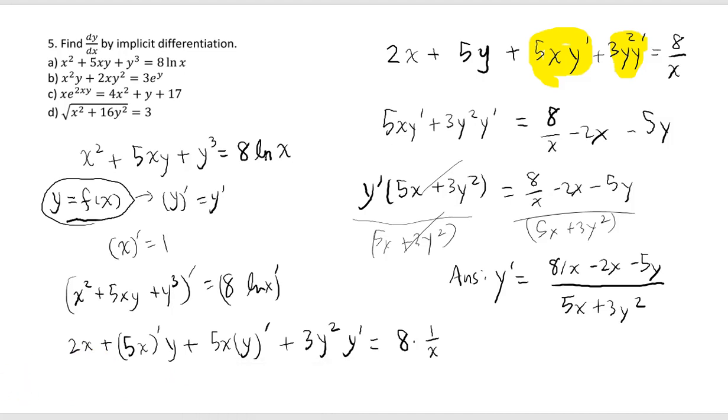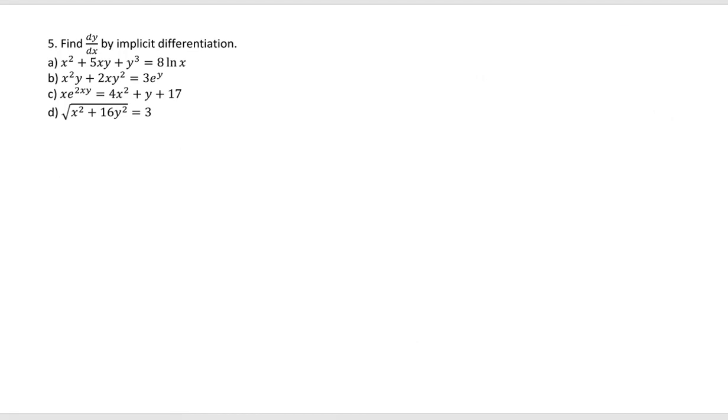Okay, now let's try to do question B. You differentiate both sides. They're both products, so you have to use the product rule for differentiating both of them.